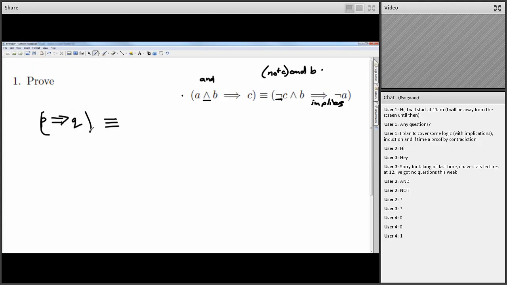So P implies Q: that statement is true if the conclusion is true, or, there's an or here, if the premise is false. So this statement is true so long as either the conclusion is true or the premise is false.